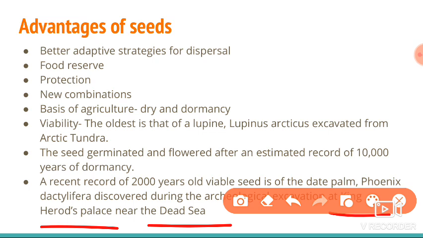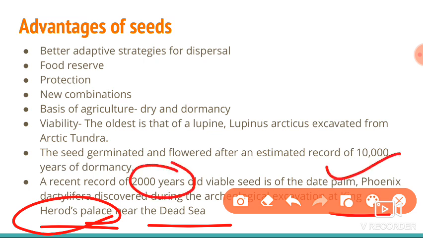Near the Dead Sea there is a kingdom, and from that kingdom we observed this date palm. About 2,000 years of dormancy period this date palm has. It was discovered at King Herod's palace, near the Dead Sea.